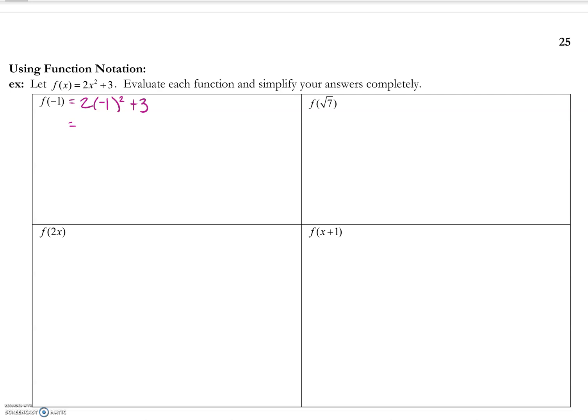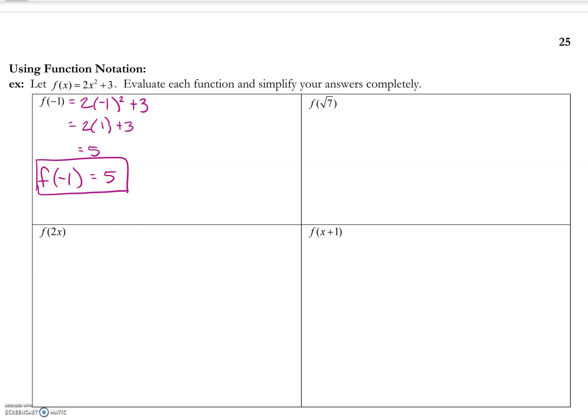I know that -1 squared is +1. So I really have 2 times +1 plus 3. Then I multiply and add. 2 times +1 is 2, plus 3 is 5. So a really nice looking answer would look something like f of -1 equals 5. That way I can see both the input, what we plugged in, which is -1, and the output, what we got for our answer, which was 5.